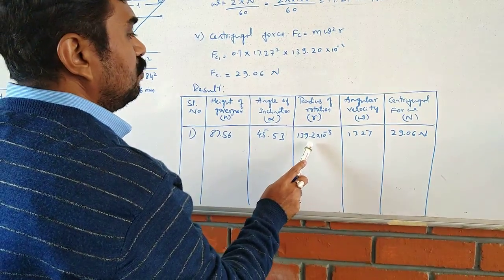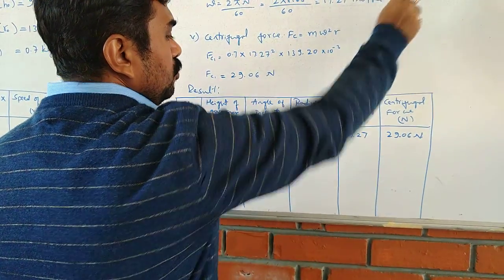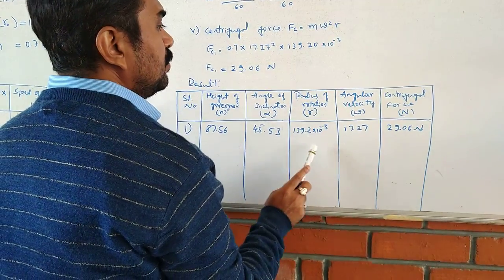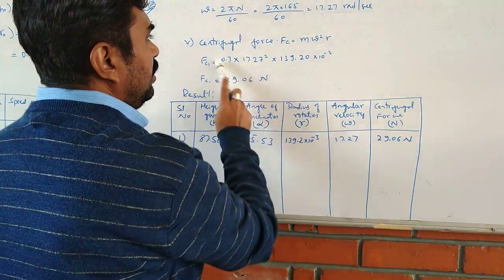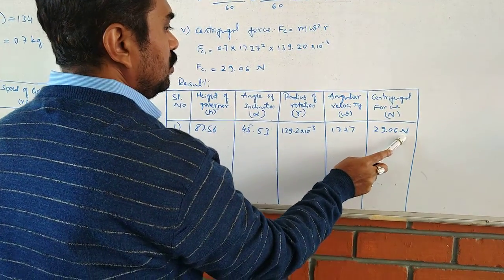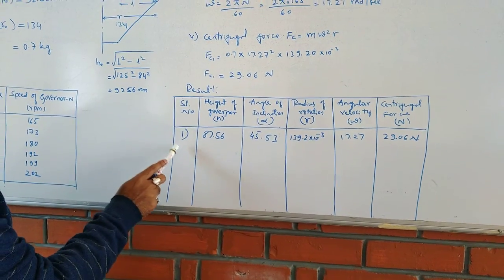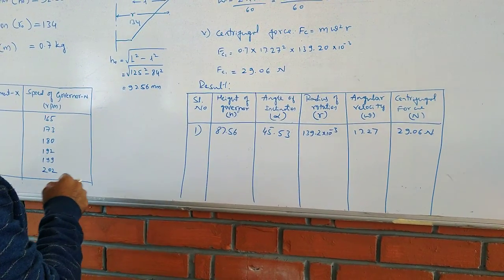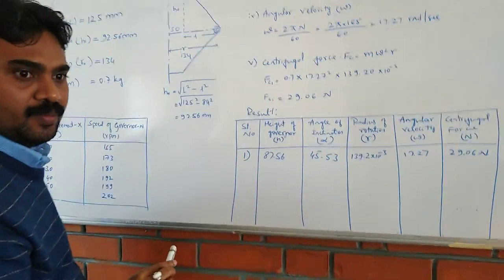Next we have radius of rotation r1, that is 139.20 into 10 raised to minus 3 meter. Next we have angular velocity 17.27, and centrifugal force as 29.06 Newton. This is the result table written for the first reading. You have to repeat it for the remaining readings and do the calculation.